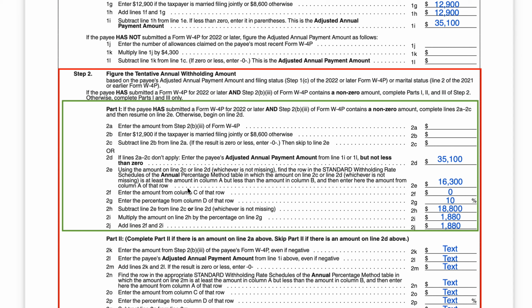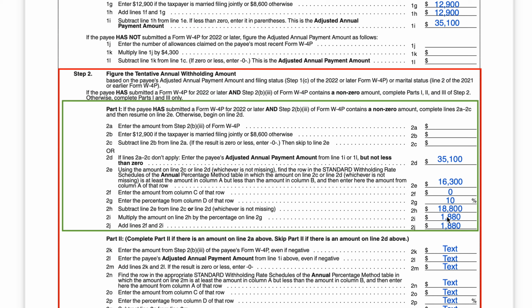And now we use a withholding rate schedule that's located in the annual percentage method table. This is a table that is in publication 15T. You can look at it if you want. I'm not going to show those tables here. These are the values that came from that table.